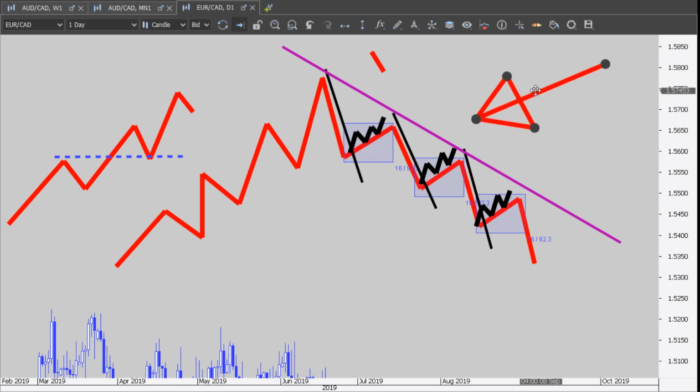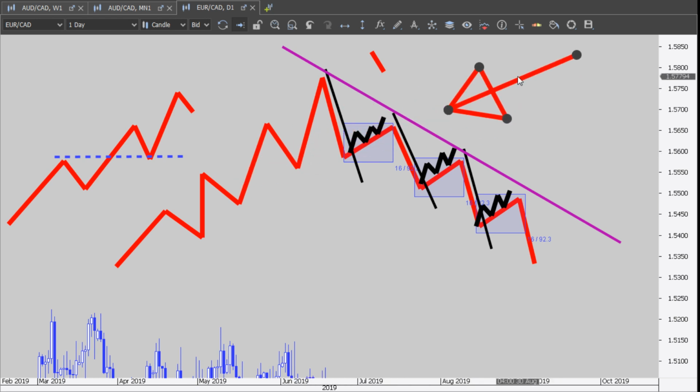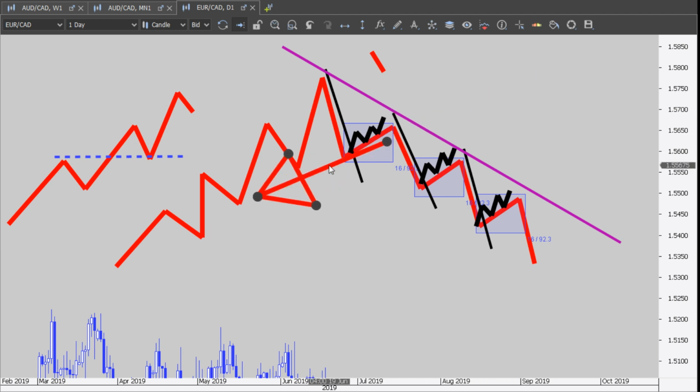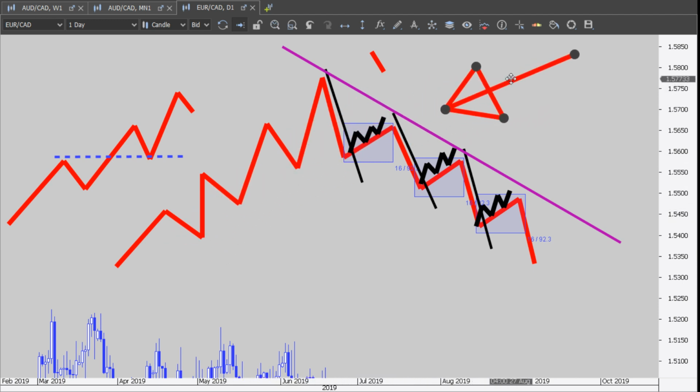Okay? So, when you're going to want to trade the retracement, you are going to check the past support from the previous uptrend.